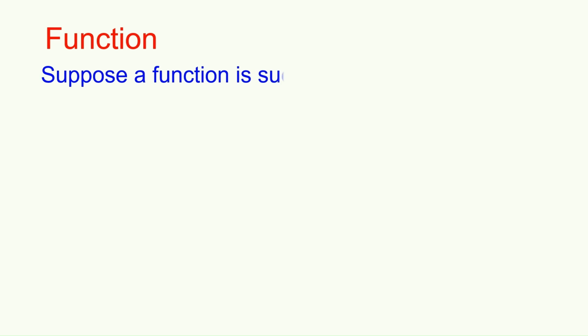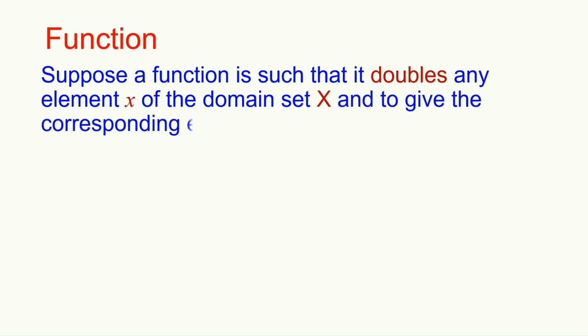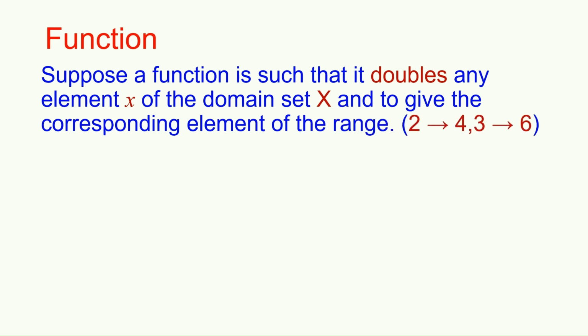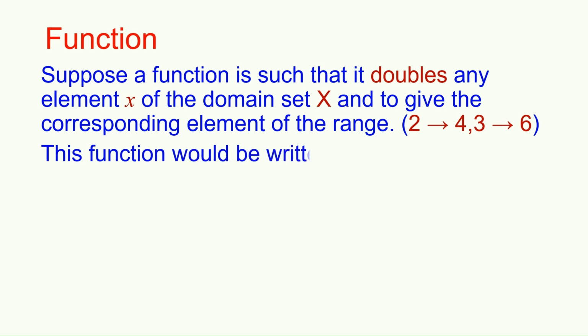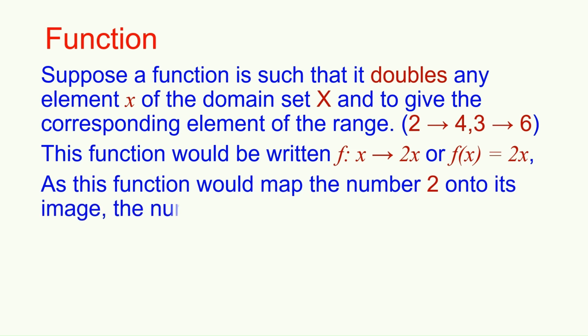Suppose a function is such that it doubles any element x of the domain set X to give the corresponding element of the range: 2 images to 4, 3 images to 6. This function would be read as f is a function under which each element x has an image 2x, or f of x equals 2x.